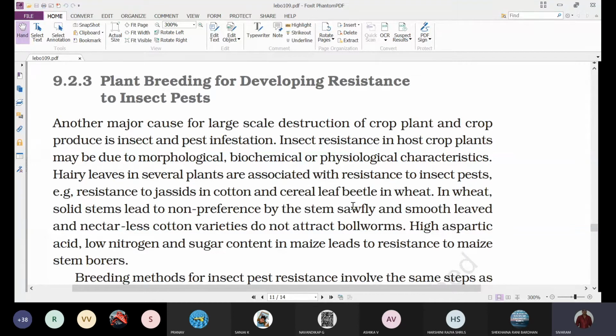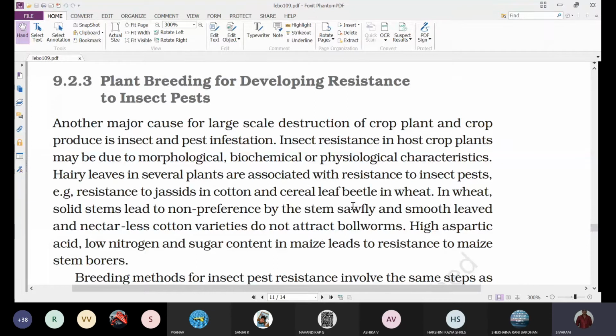So how can the plant naturally develop resistance against these insects and pests? Why do we have to develop resistance against them? Another major cause of large scale destruction of crop plants and crop produce is insect and pest infestation.